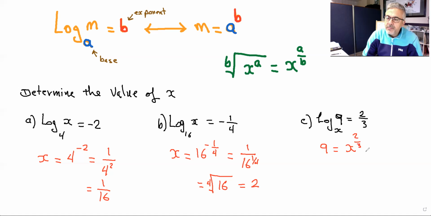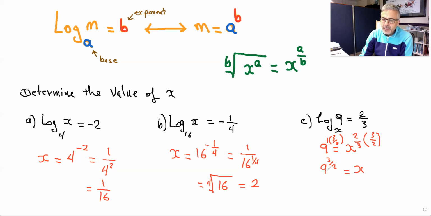To solve for this, basically what you need to do is multiply both exponents by the reciprocal of this to get rid of the 2/3 here. So multiply this by 3 halves and multiply this by 3 halves. So therefore, you have 9 to the power of 3 halves equals just x to the 1, because this will cancel.